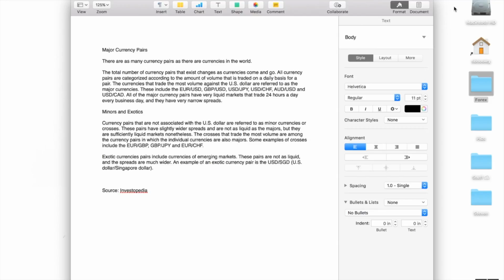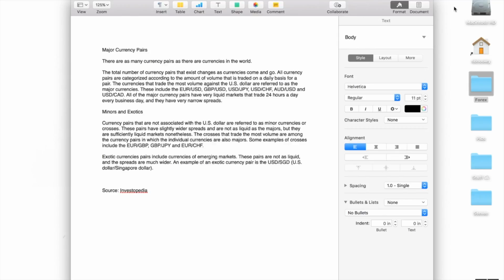It's like an ATM. It's so volatile and moves a ton, even though it's considered a minor. But it's not a major, mostly because it's not associated with the US dollar, right? The crosses that trade the most volume among the currency pairs, which the individual currencies are also majors, and some of these crosses are EUR/GBP, I mentioned GBP/JPY, and EUR/CHF.